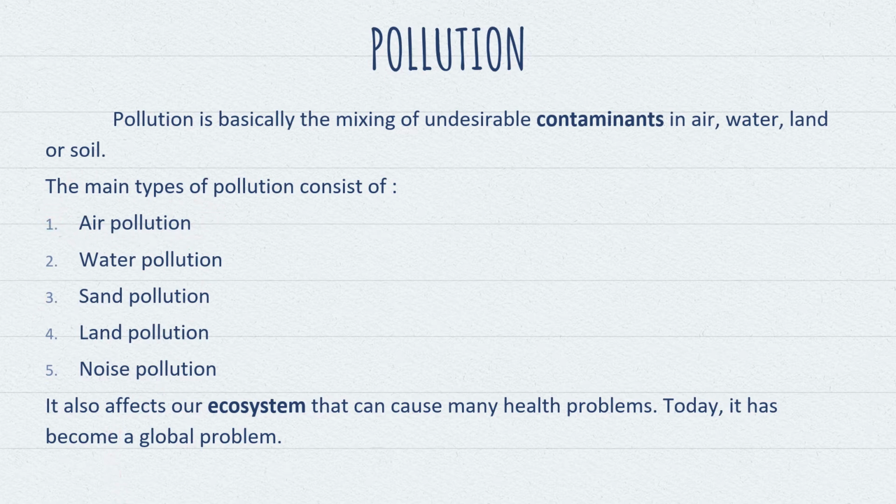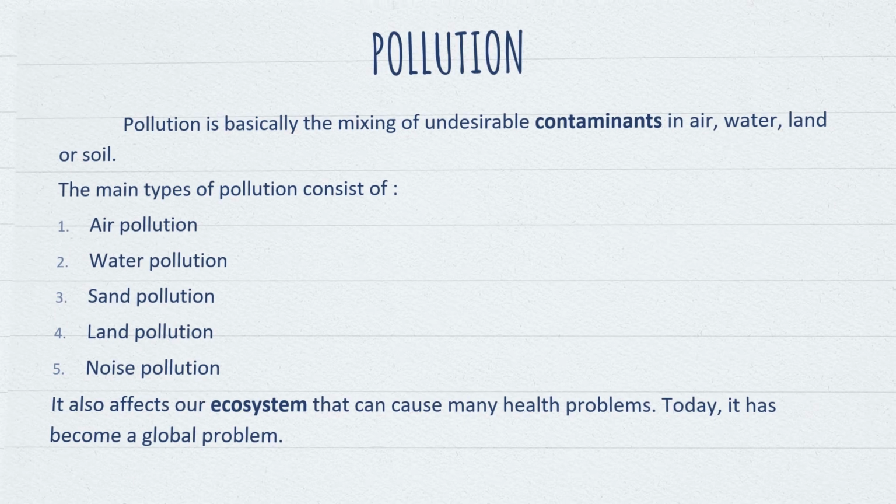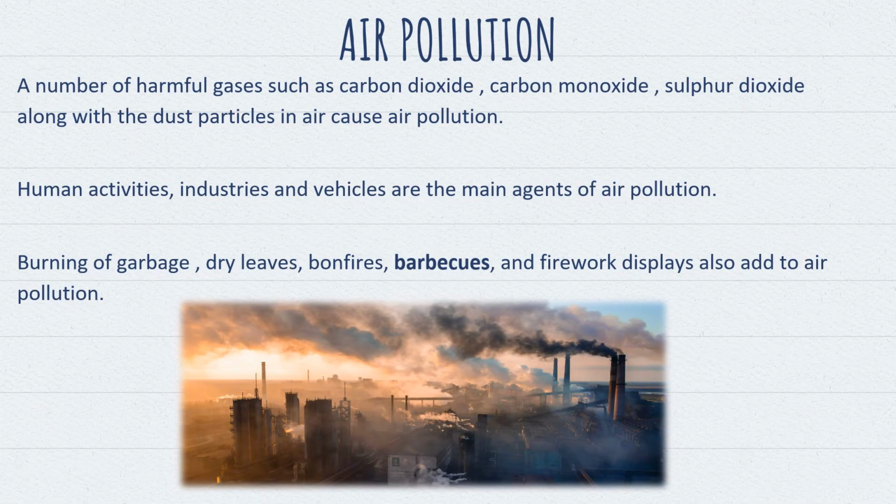What is air pollution? You see, a number of harmful gases such as carbon dioxide, which we release while we are breathing, carbon monoxide, and sulfur dioxide, along with the dust particles in the air, cause air pollution.